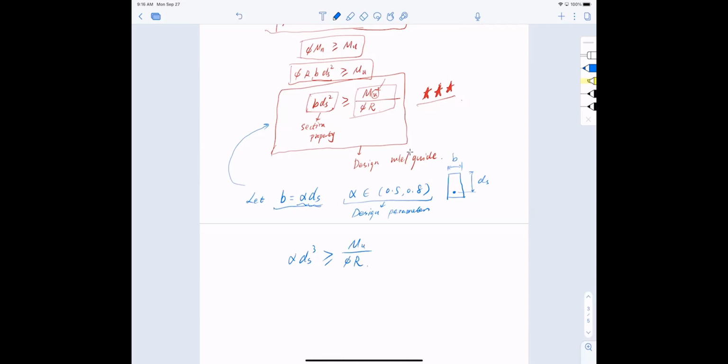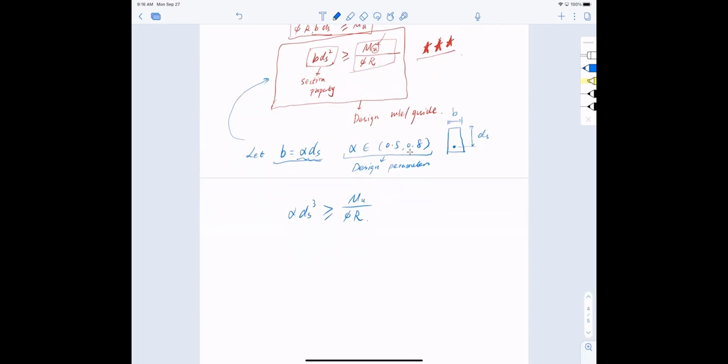Now I can further write this as ds has to be greater than or equal to the quantity mu divided by alpha phi r, the whole thing to the power of 1/3. Ladies and gentlemen, this is the key equation to estimate what? The depth of the section.